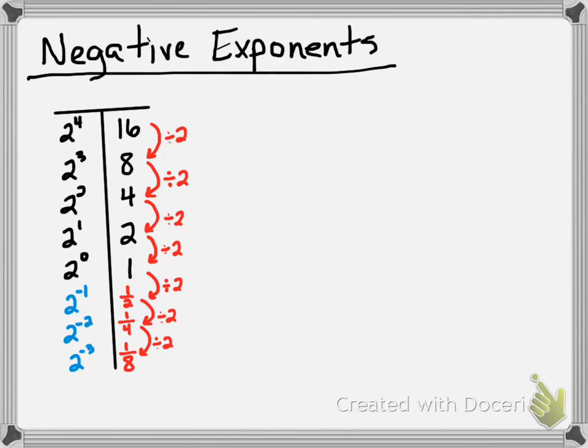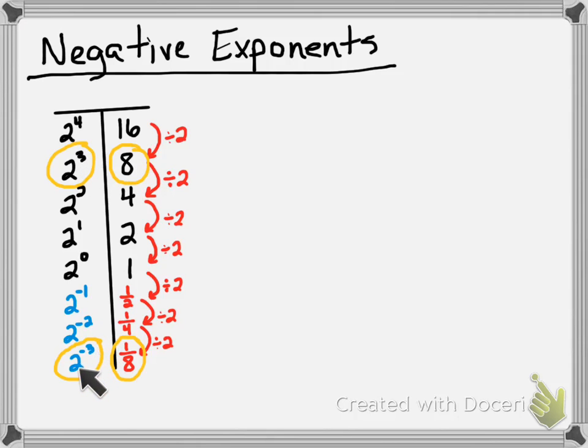Alright, now I do want to look at some of these a little more closely. Here I have 2 to the negative 3rd power, and that's going to equal 1 over 8. And if I look up here at 2 to the 3rd power, that equaled 8. You should notice something they have in common. Here you have 2 to the positive 3, and I get an 8.